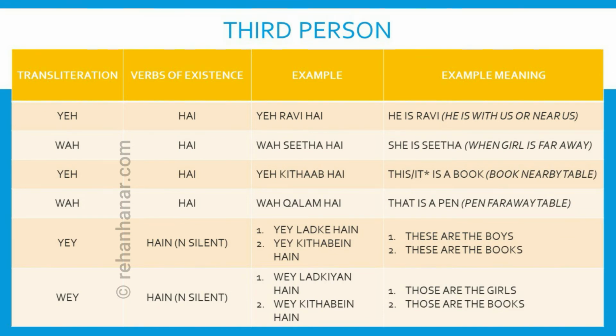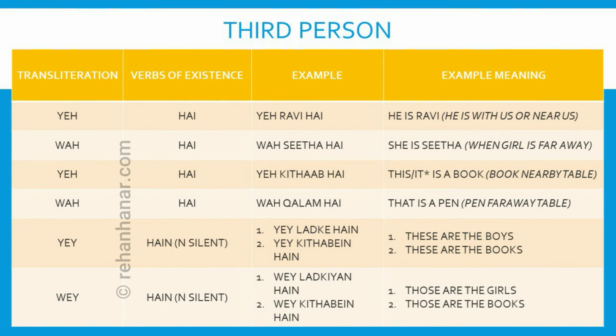For the non-living beings, यह किताब है, वह कलम है. यह किताब है means this is a book. वह कलम है means that is a pen.